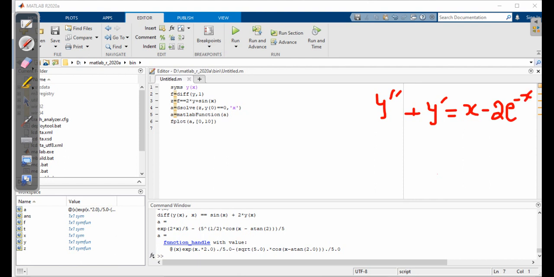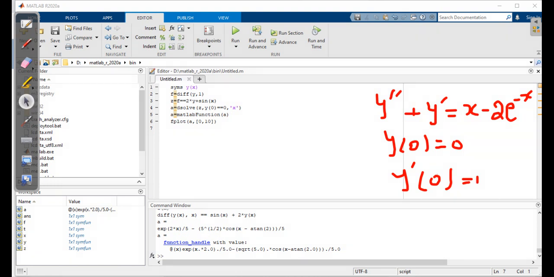This is a second order differential equation, and we have two initial conditions. The initial condition is y equal to 0, and y bar equal to 1.